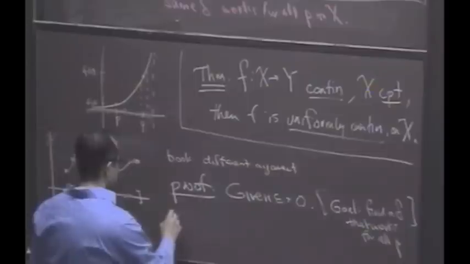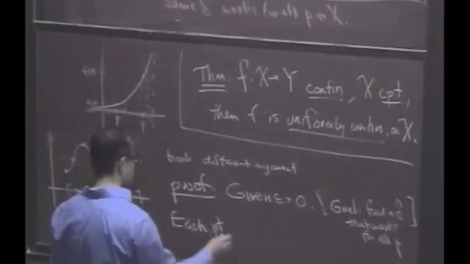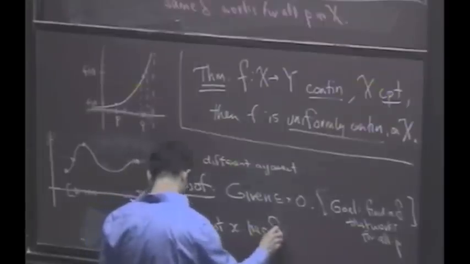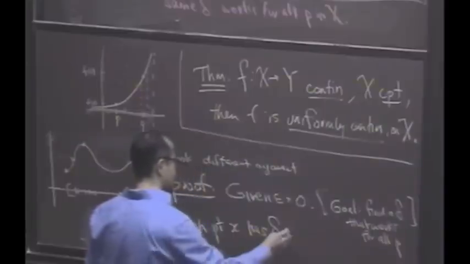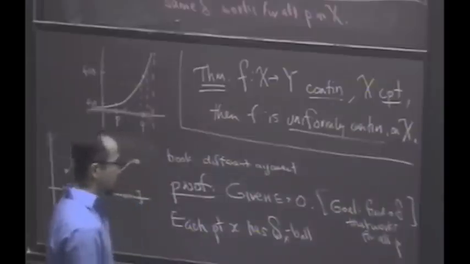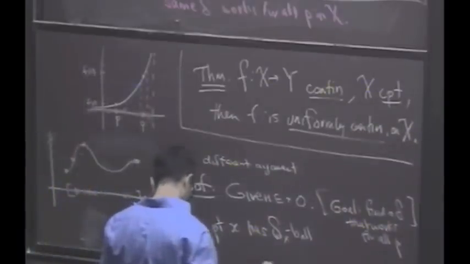Okay? So as we noted, each point in this interval, x, has a delta ball. It might depend on x, so I'll call it a delta x ball that satisfies the condition. What condition?